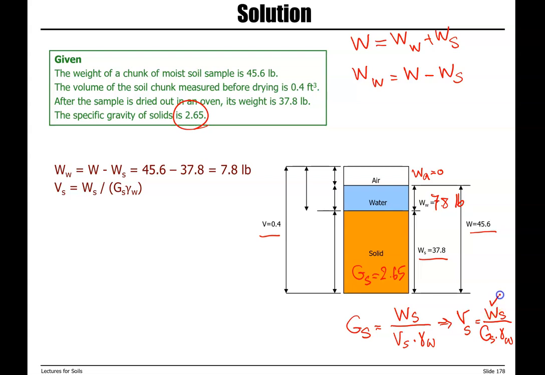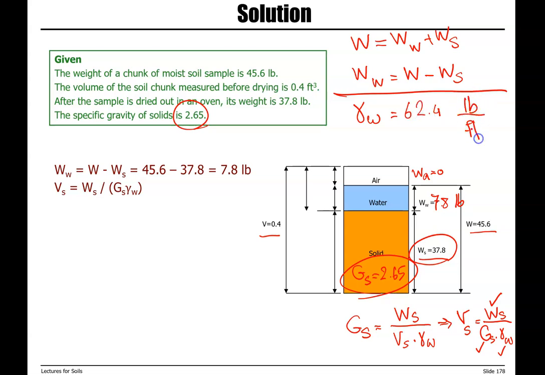So we have weight of solids, GS is also given, and we know the unit weight of water. Again, remember unit weight of water is 62.4 pounds per cubic feet.